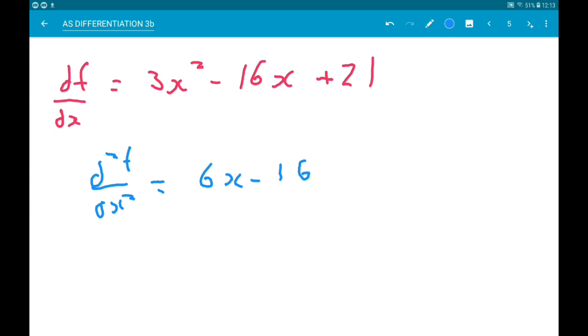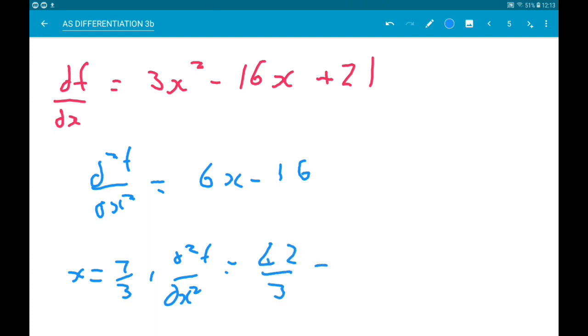Now when x is 7/3, the second derivative is going to be 42/3 minus 48/3, which gives us minus 6/3 or minus 2.